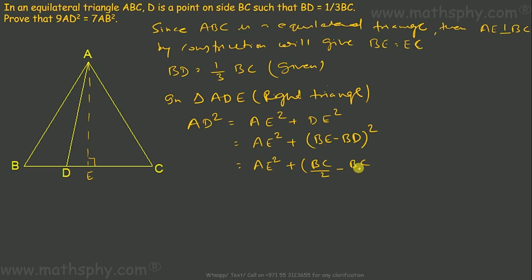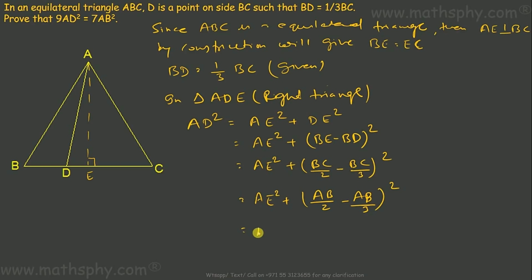This is BC over 3. Okay, let's give one more twist. This is an equilateral triangle, so AB, AC, BC all will be equal. So in place of BC, can I take AB? I'll write this as AB over 2 minus AB over 3 whole square.